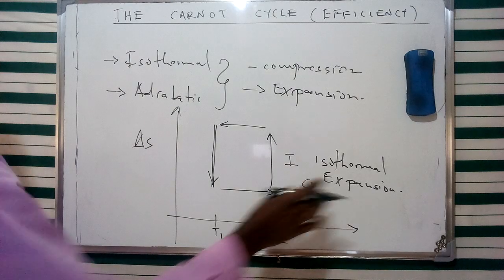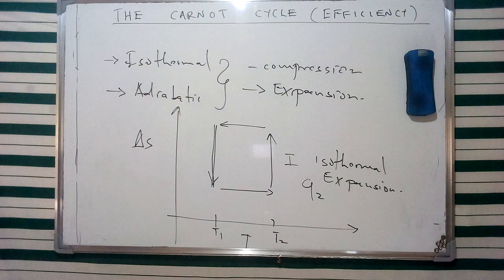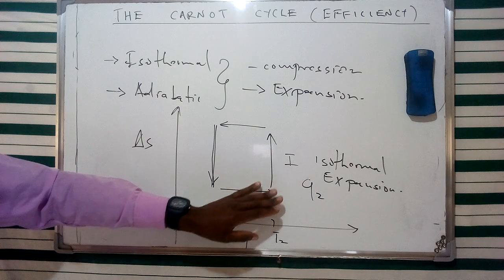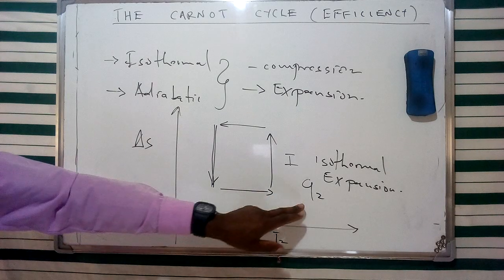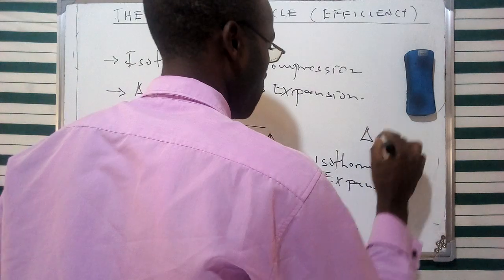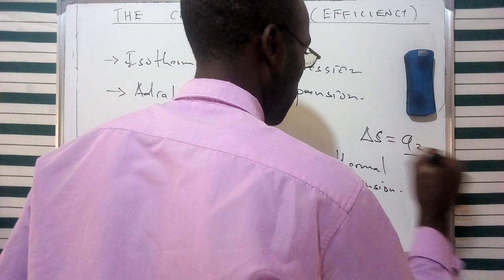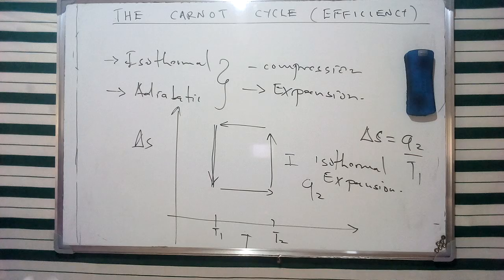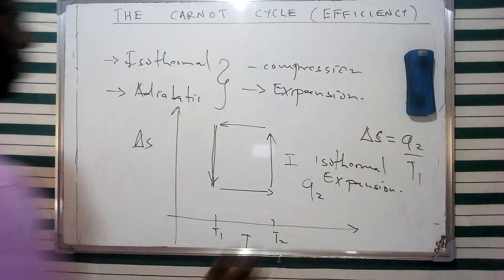In this process, the gas expands isothermally and reversibly at a high temperature, accompanied by absorption of heat Q2 from a source. The entropy of this system can be described as a ratio between Q2 and T1. And as we said, this is a reversible process.